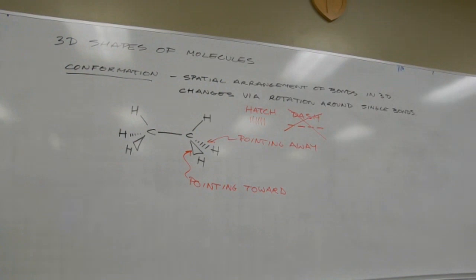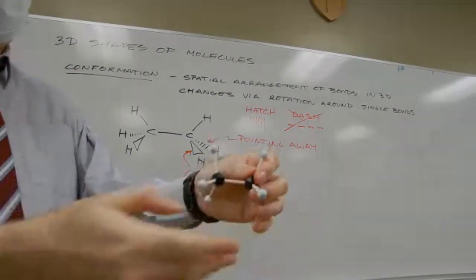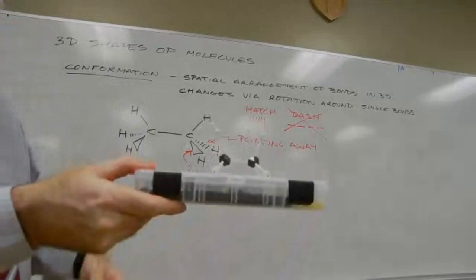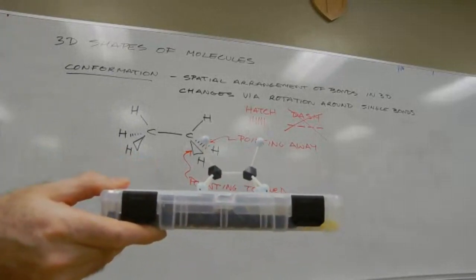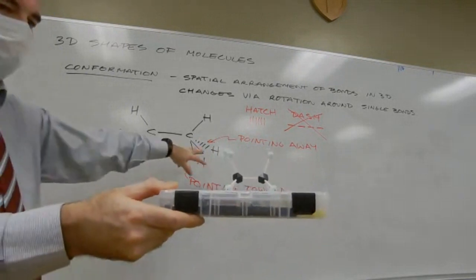So I've simplified my little molecule down to ethane. Here's ethane. And as 2 tetrahedra, it sits on 4 atoms.